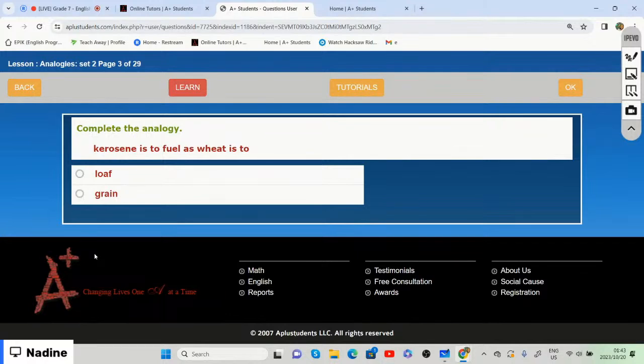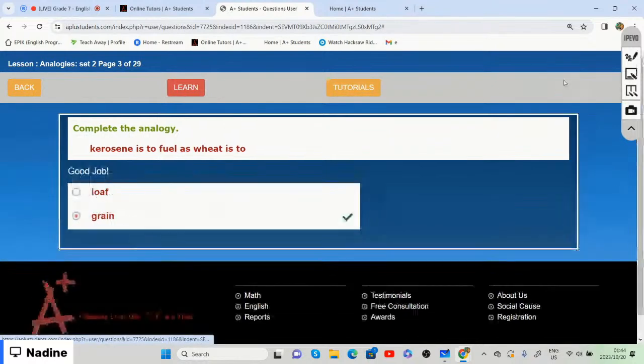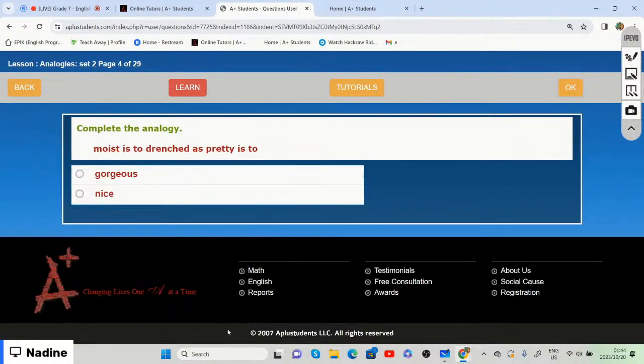Just as kerosene is a type of fuel, wheat is a type of grain, or it is a type of loaf. All right, so we can say wheat is basically a type of grain. And we make the loaf of bread with that wheat and grains.